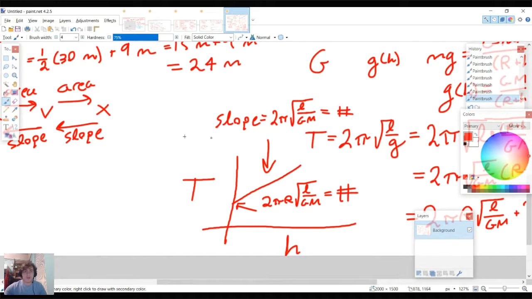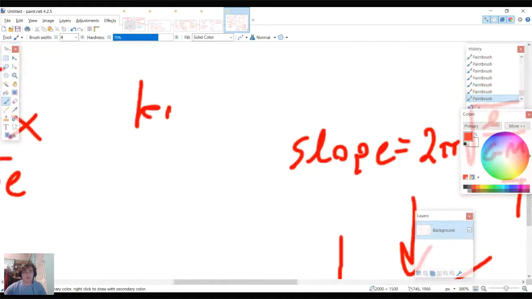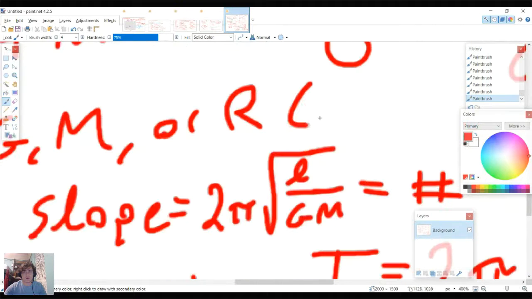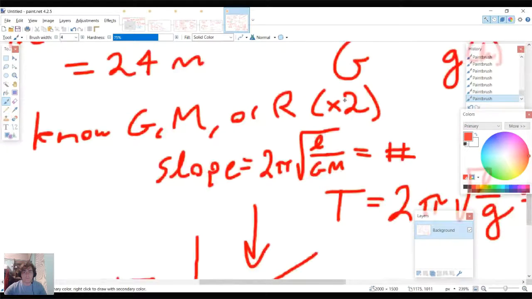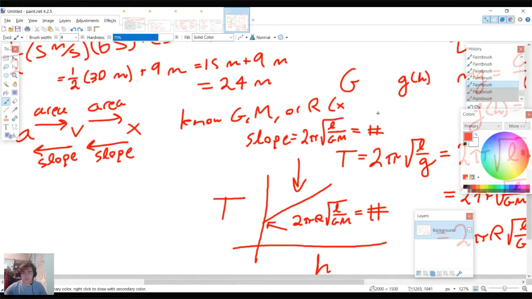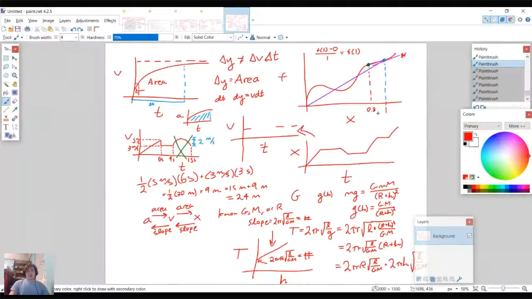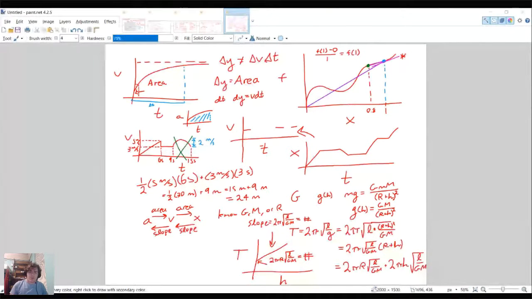So if you know either G, M, or R, or rather, you actually need to know one of them, then you have two equations and two unknowns, which means you can solve for both of the unknowns by an algebraic system of equations. If that kind of flew over your head, don't worry. It's just kind of a novelty thing, because obviously that experiment can't happen. You're not going to be given a spaceship to do that.